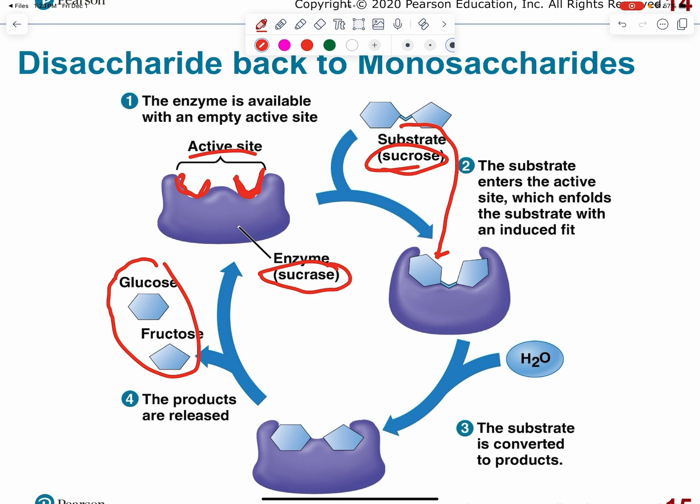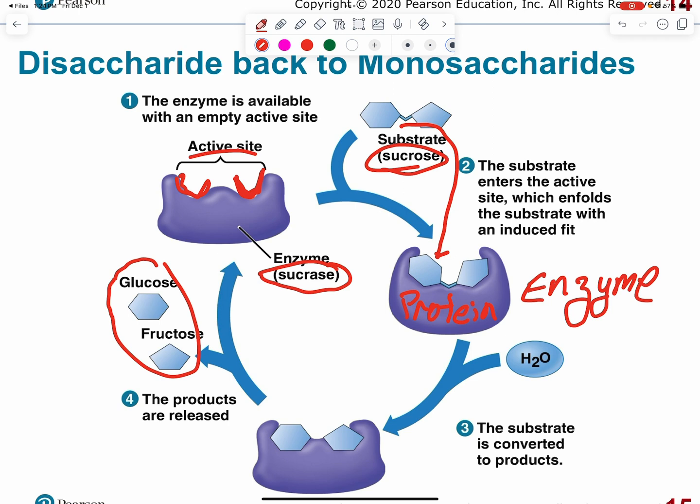So those are terms. This is the protein. It is one that's going to speed up a chemical reaction without being used up. That's the definition of an enzyme. It's a protein that is going to help a chemical reaction happen fast.